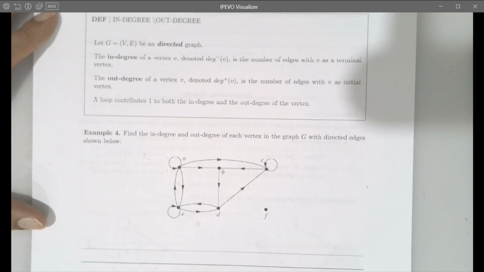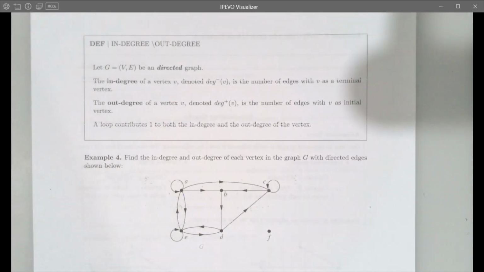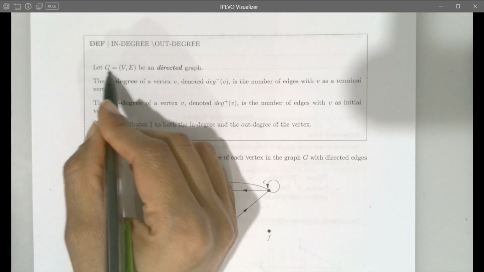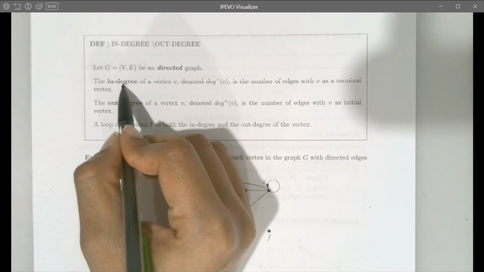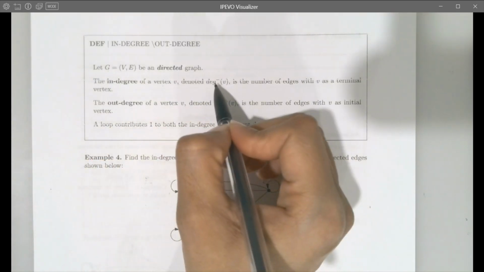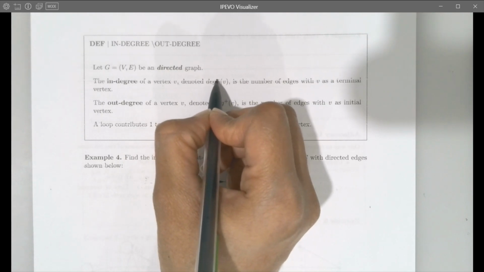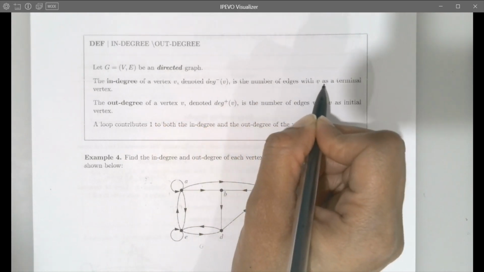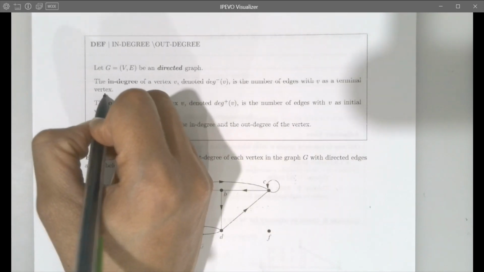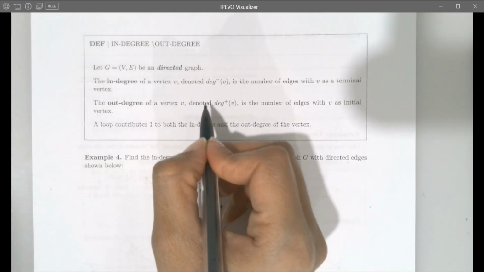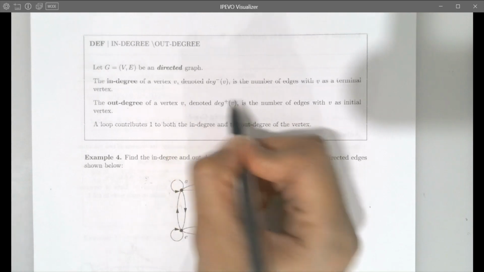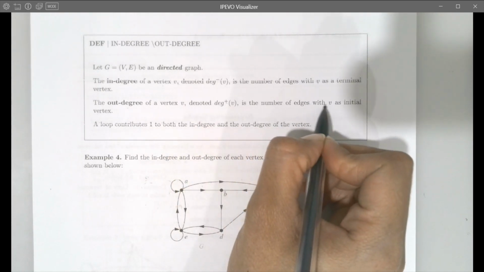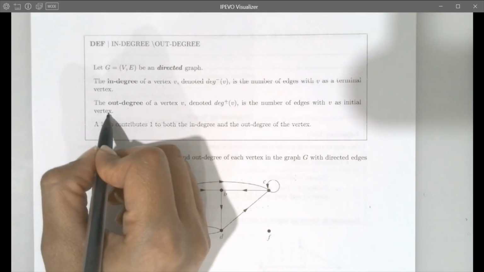Okay, we also have this definition of in degree and out degree. If G is a directed graph, the in degree of a vertex v, which is denoted as degree with the minus symbol of v, is the number of edges with v as a terminal vertex. The out degree, which is denoted degree with the plus symbol, is the number of edges with v as an initial vertex.